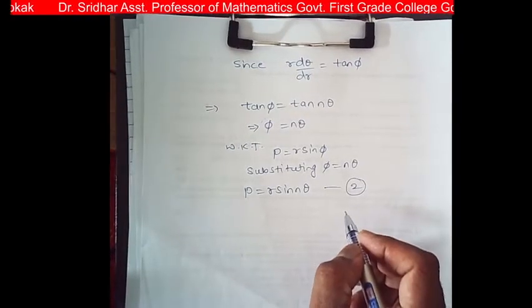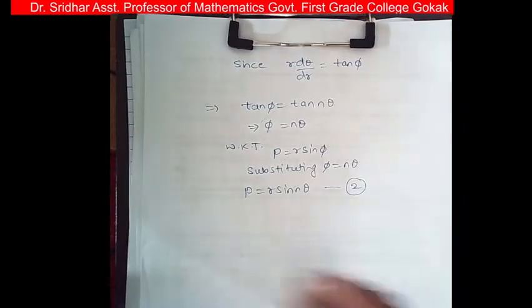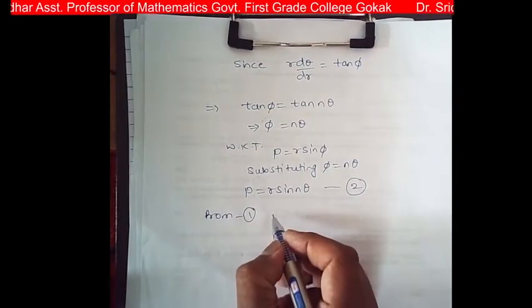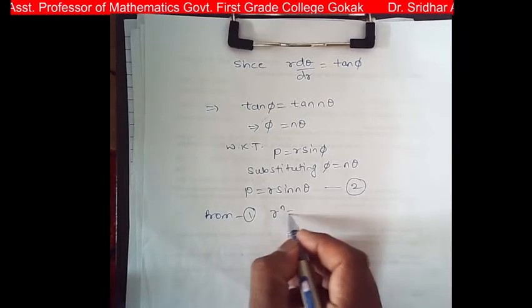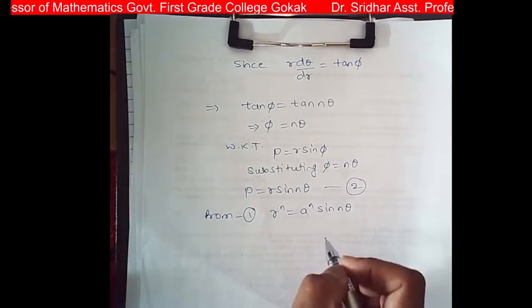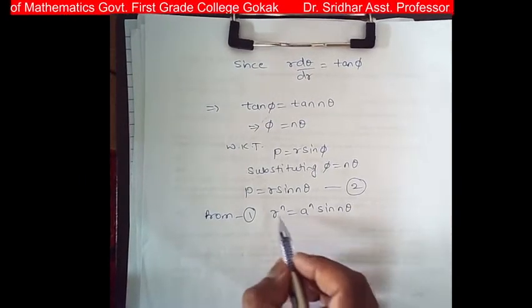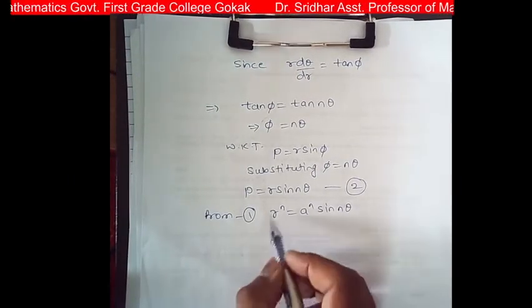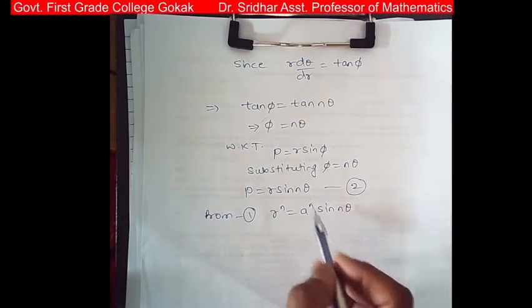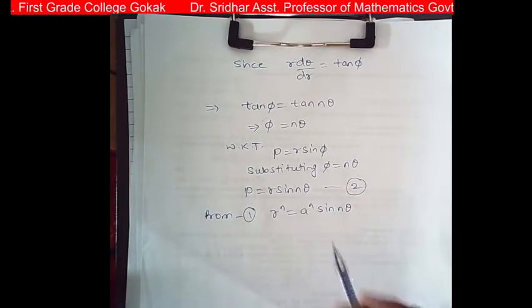Now from equations 1 and 2. From 1 we have r raised to n is equal to a raised to n sin n theta, from the given problem. Now from these two equations we should eliminate sin n theta.